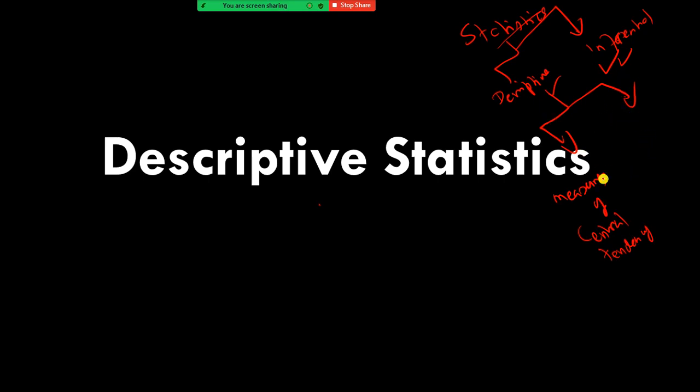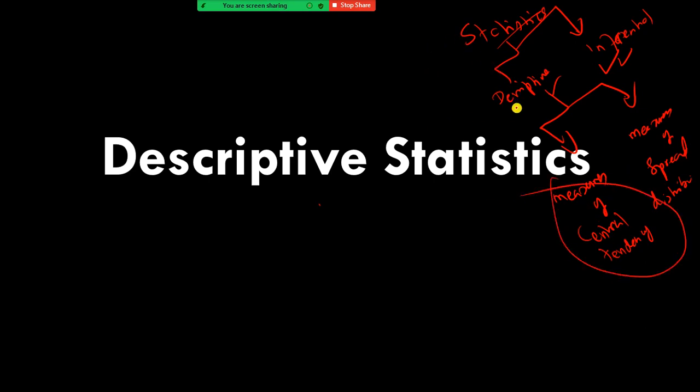Right. The other branch is measures of spread, or measures of distribution. They use different terms. So we will take a look at the measures of central tendency now.